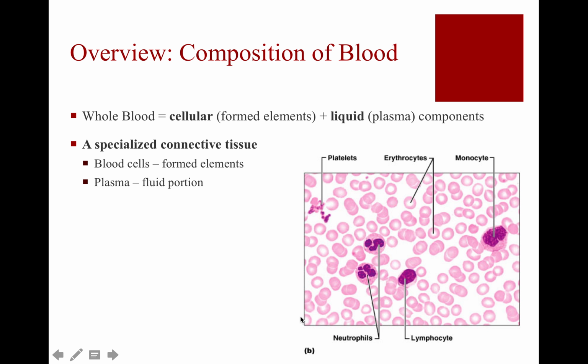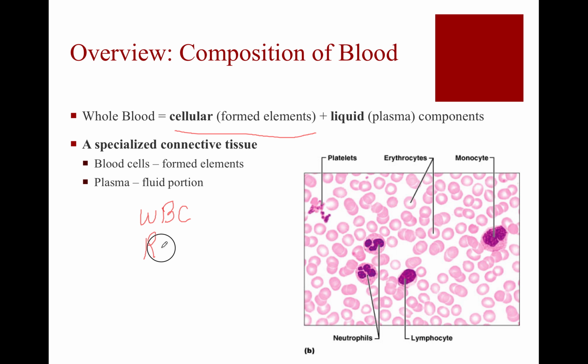Now, if I take a look at the blood composition, and this should sound familiar to you from the histology and tissue review, your blood is actually made up of two components. It has the cellular components, which, if you recall, are white blood cells, which you can see as these larger cells with very pronounced nucleus.